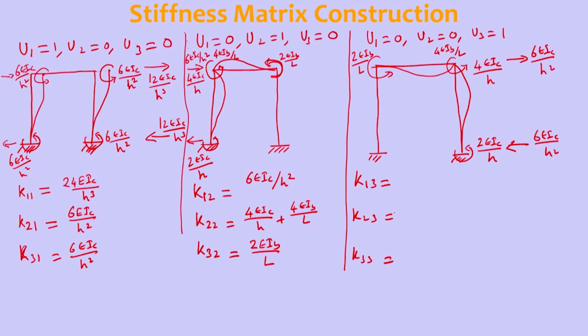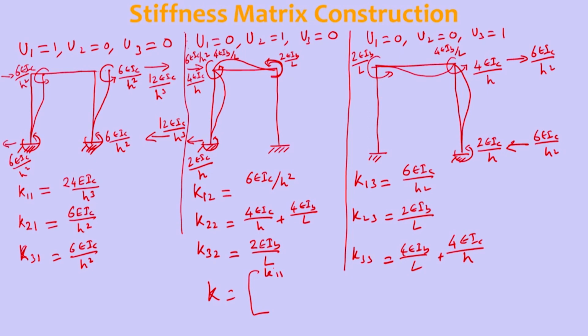So K13 is 6 EI column by H square, and K23 is 2 EI beam by L, and K33 is 4 EI beam by L plus 4 EI column by H. So this constitutes the stiffness matrix.